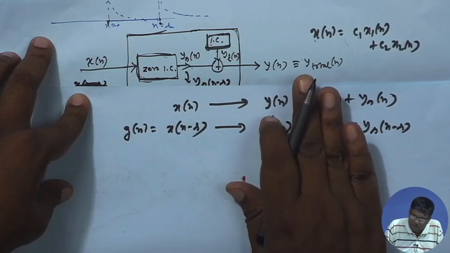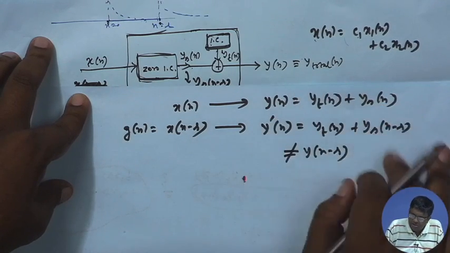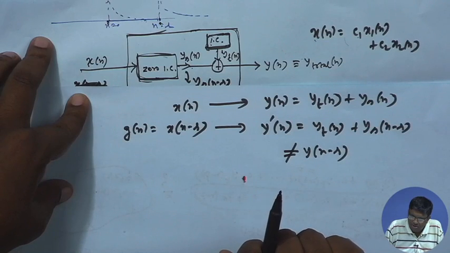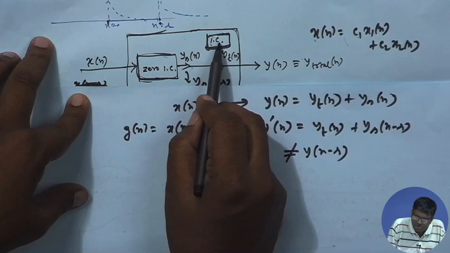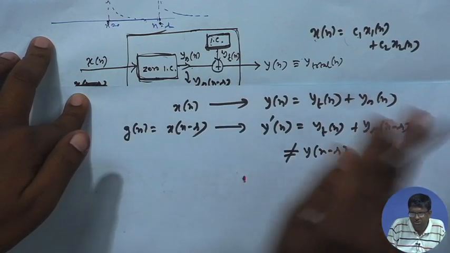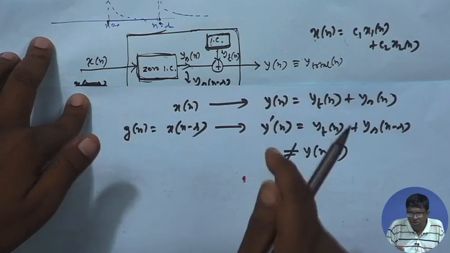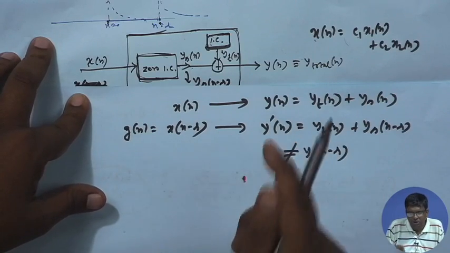But you see, if y_t[n] was not present, then this is shift invariant. That means if the initial conditions were 0, y_t[n] obviously has to be 0, because the past initial conditions were 0. So y_t[0] will be 0, y_t[1] will be 0, y_t[2] will be 0.